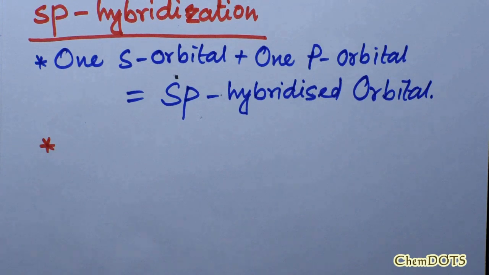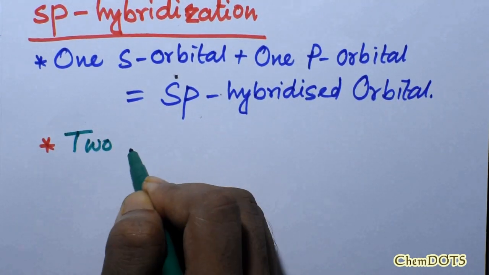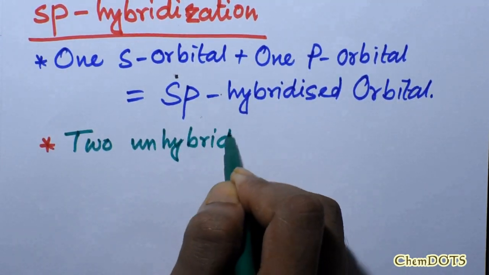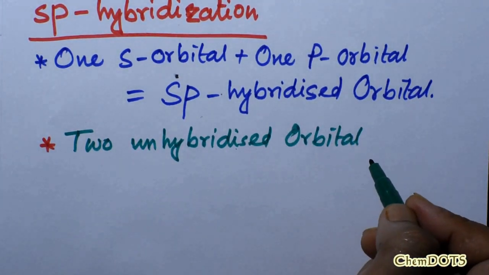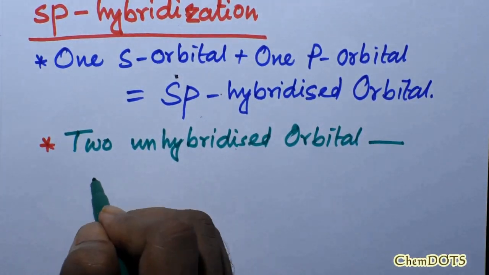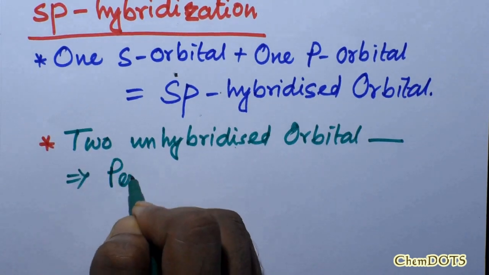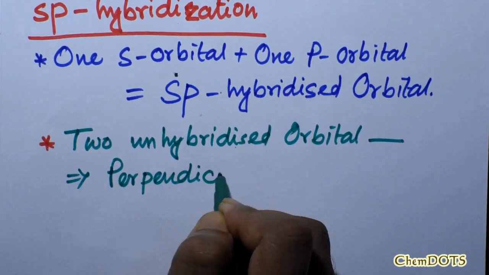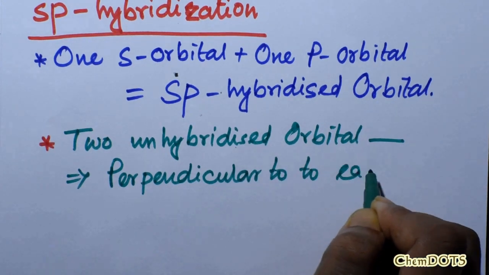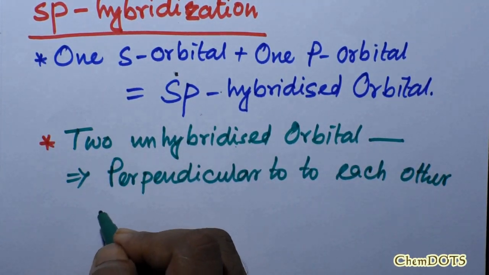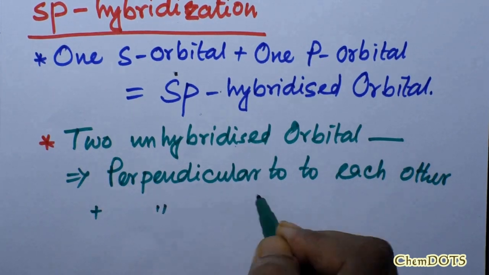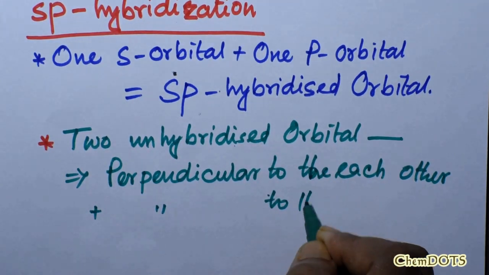From the name itself you can see two sp hybridized orbitals, that means two unhybridized orbitals are also there. How do they orient? The two unhybridized orbitals will be perpendicular to each other, and they will also be perpendicular to the line containing the sp hybridized orbitals.